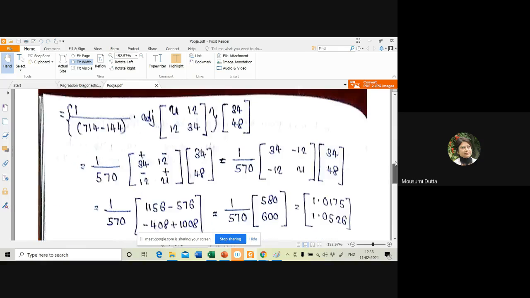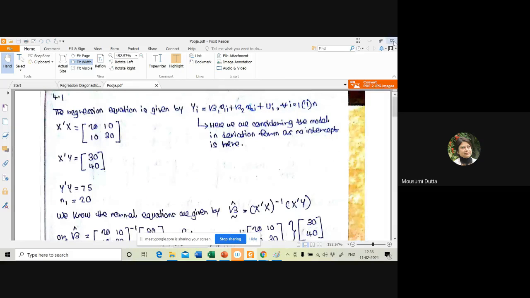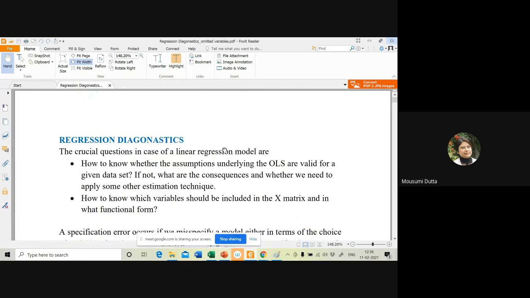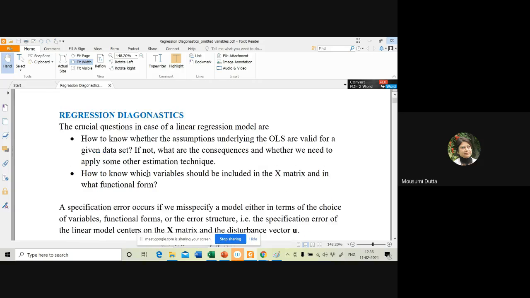I'll request all of you to do the problem, so that if anyone has any difficulty in understanding the matter, we can discuss it. So our dummy variable and multiple regression analysis part is complete. Next, we have to go for regression diagnostics, as I mentioned.